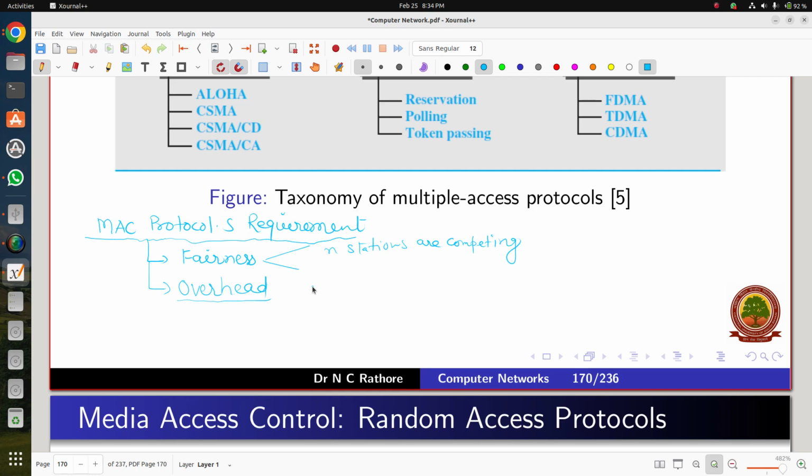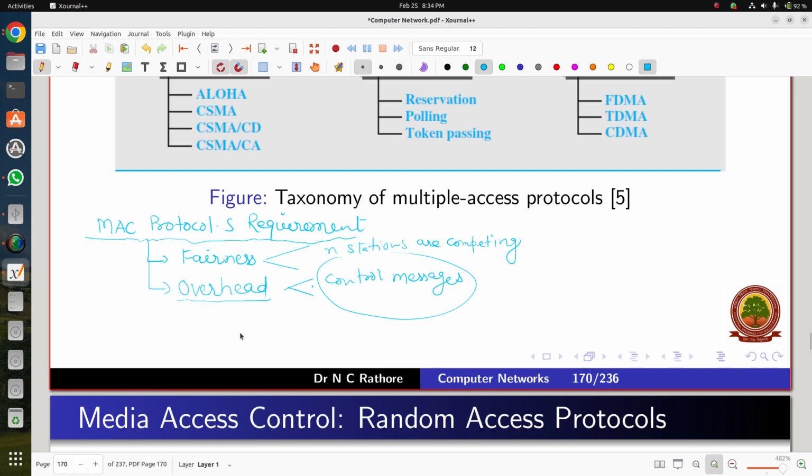In this case they are communicating, so they will share certain messages that are purely control messages. The control messages will be transmitted among the nodes over the channel so that they can grab this access. If a protocol requires a lot of control messages to be exchanged, then we say that there is a lot of overhead.